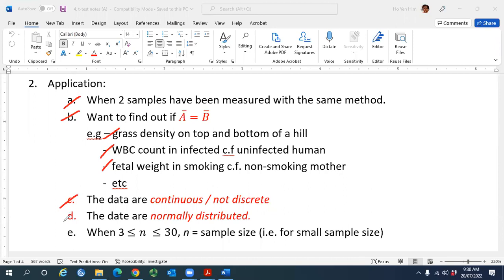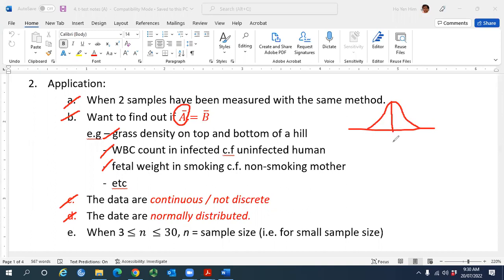And then the data must be normally distributed. Normally distributed means this mean value is calculated from a set of data, right? So the set of data must be normally distributed around the mean.